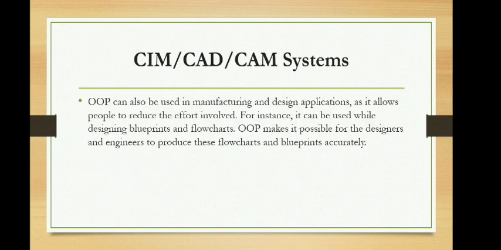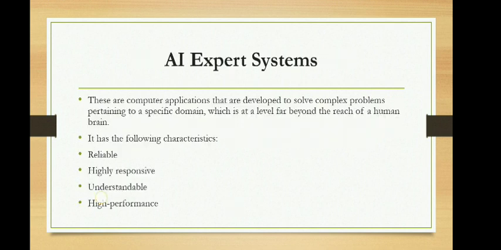Next is CIM, CAD, or CAM system. OOP can also be used in manufacturing and design applications, as it allows people to reduce the effort involved. For instance, it can be used while designing blueprints and flowcharts. OOP makes it possible for designer engineers to produce these flowcharts and blueprints accurately.